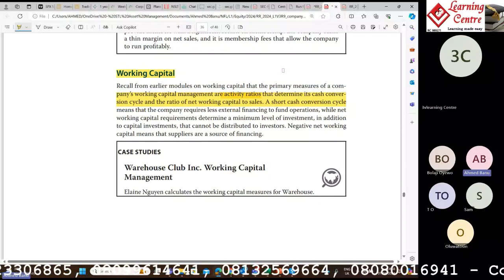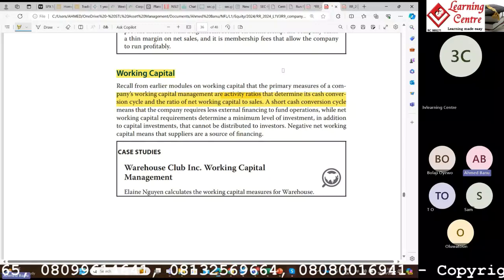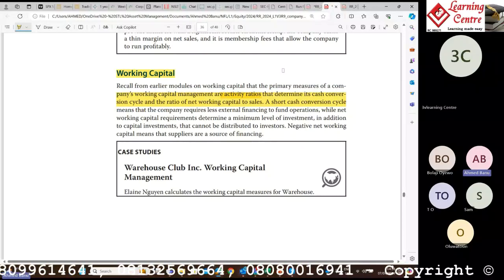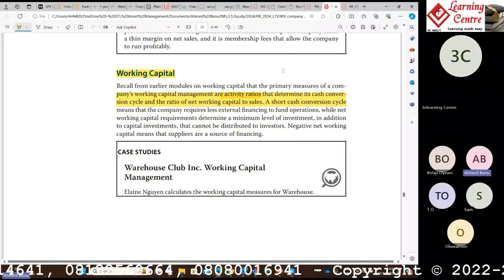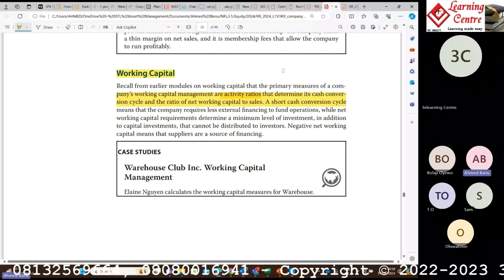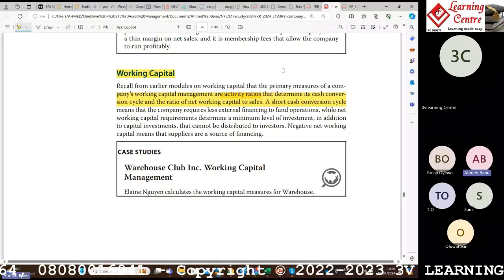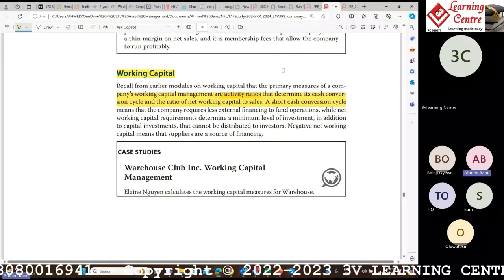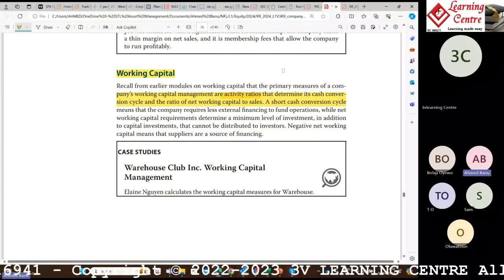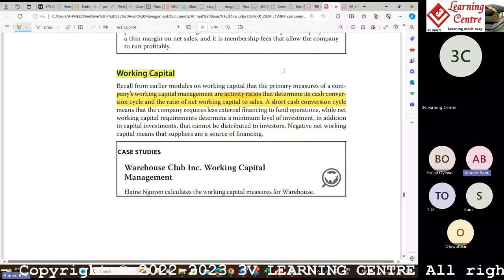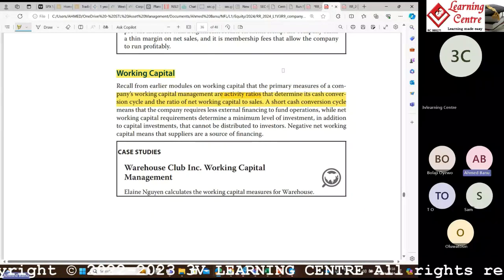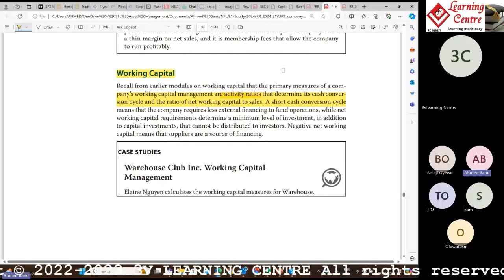And that cash conversion cycle should be in line with my own funding needs. While net working capital requirements determine a minimum level of investment in addition to capital investment that cannot be distributed to investors.